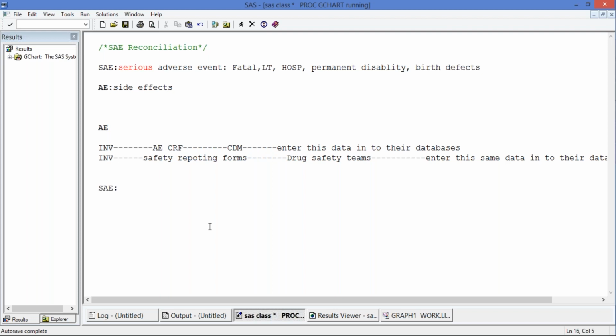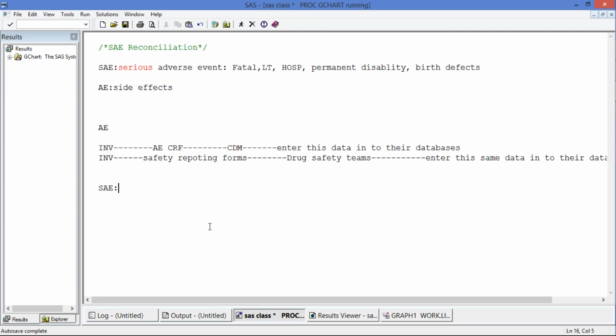Reconciliation is nothing but making sure that the data collected in CDM is consistent with the data entered in the safety databases, because it is the same data. Are both consistent or not? What is reconciliation?